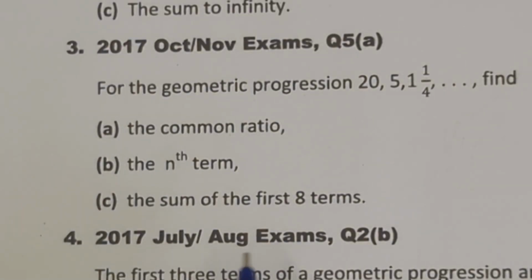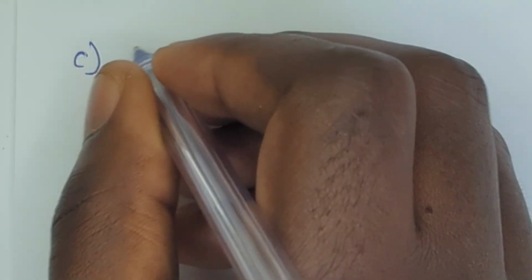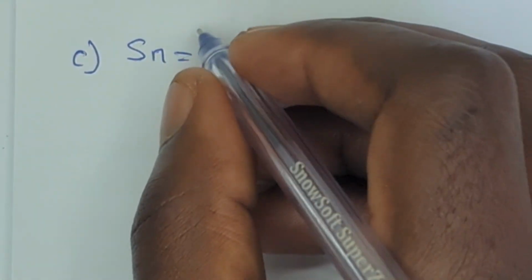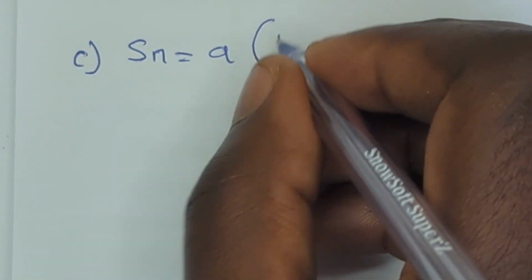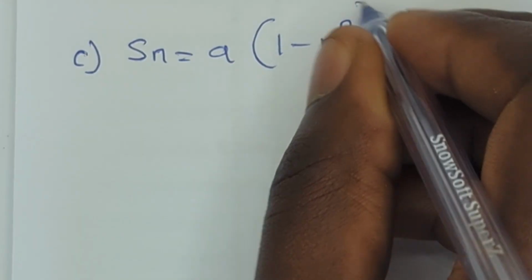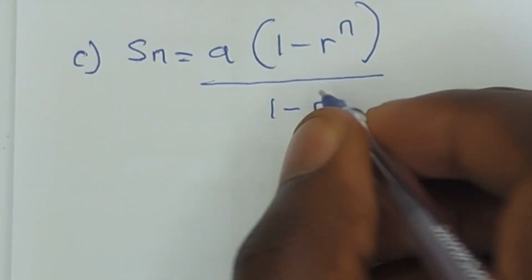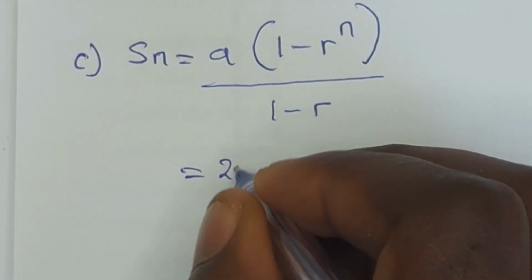So for the last one, number C, the sum of the first 8 terms. When our common ratio is less than 1, the formula that we apply is A times 1 minus R to the power n, over 1 minus R. Our A, the first term, is 20.